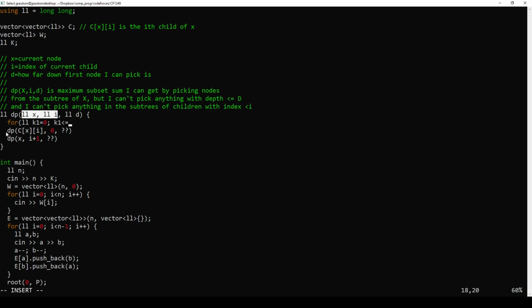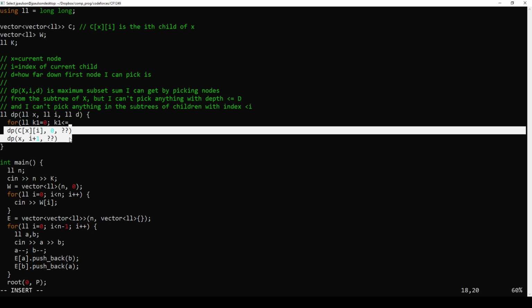And so we're going to pick a maximum subset from both of those places and then combine them to get the answer for this subset.